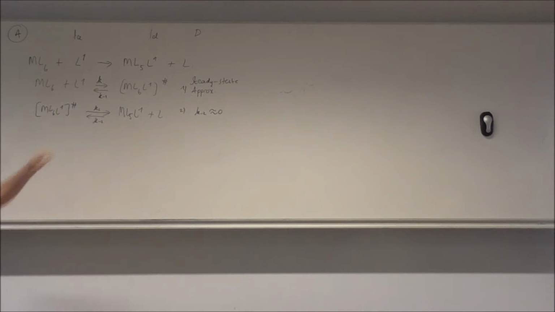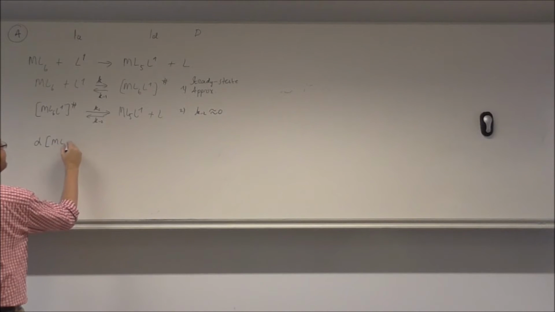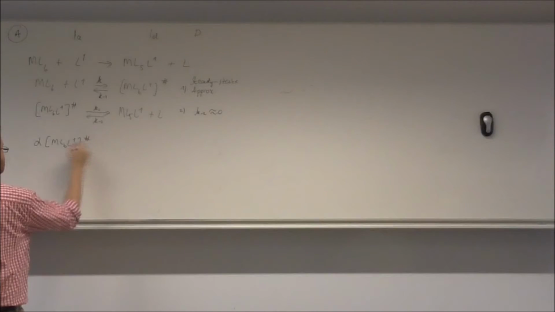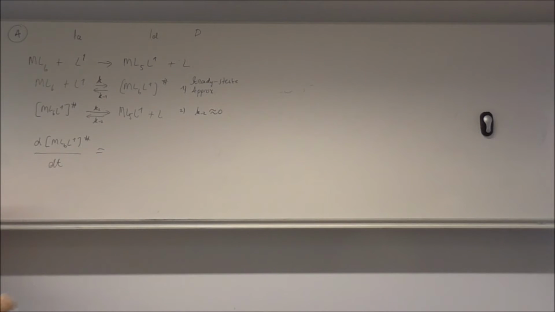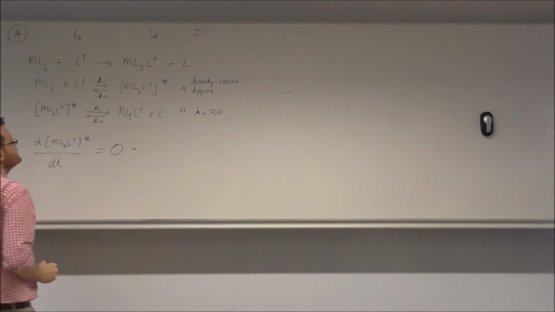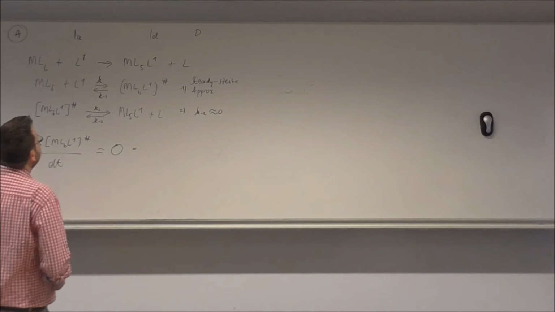Now, if we employ the steady state approximation, the rate of change of this reactive intermediate over time is what? 0. Which basically means that it's being consumed as rapidly as it's being produced, that there's no net change in concentration.